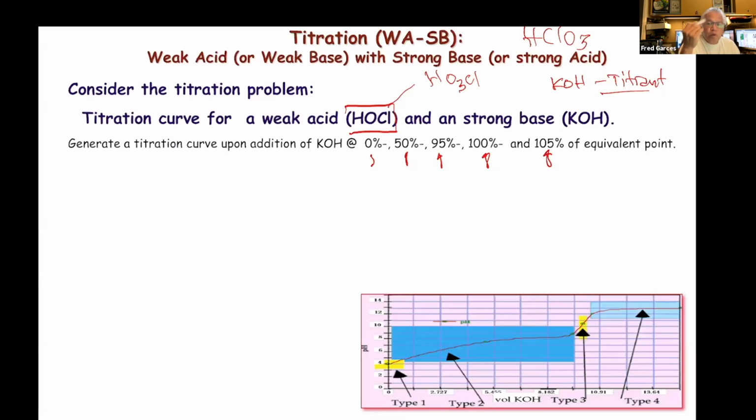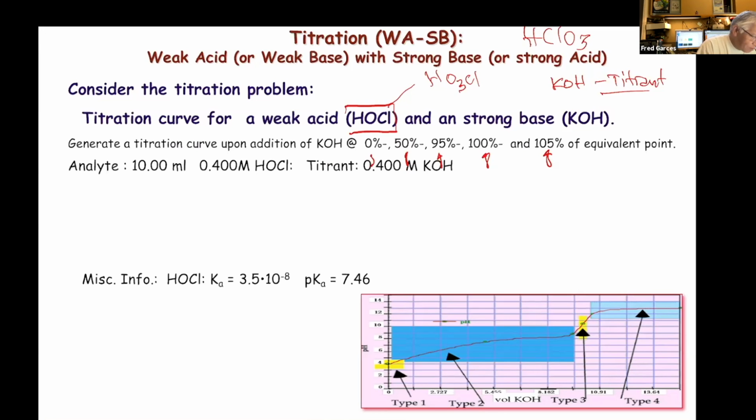Well, the equivalence point is where the moles of the acid and the moles of the base are equal. So I need to know what the equivalent volume is, because if I know that, then I know exactly how much titrant I'm adding to calculate the pH. So in this particular problem, let me move on.